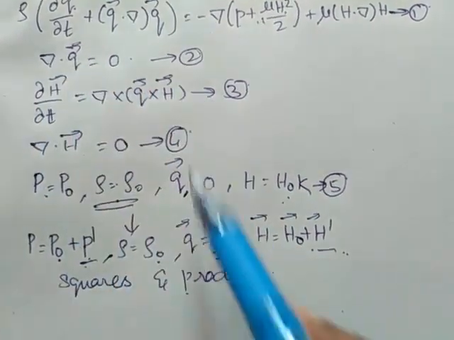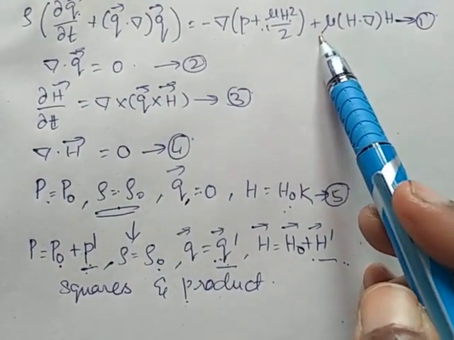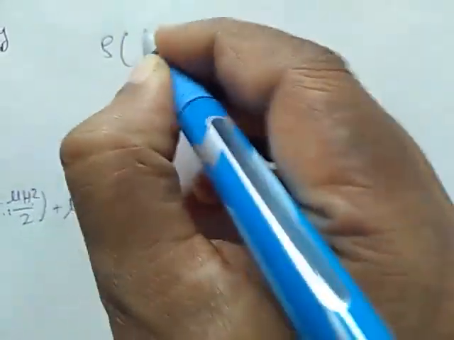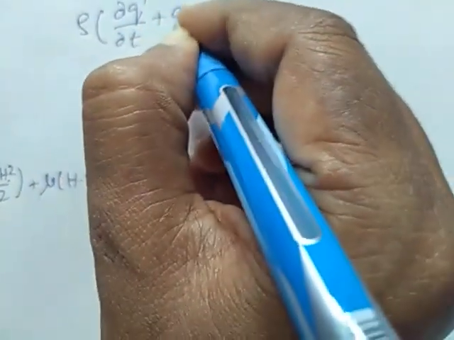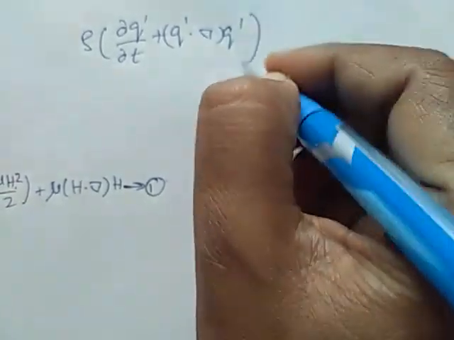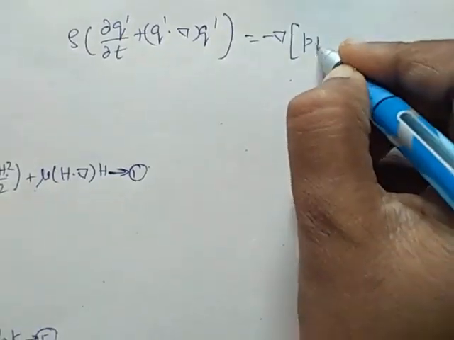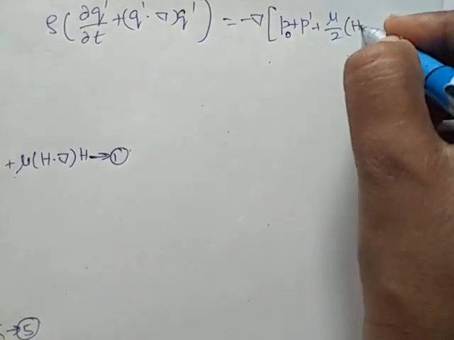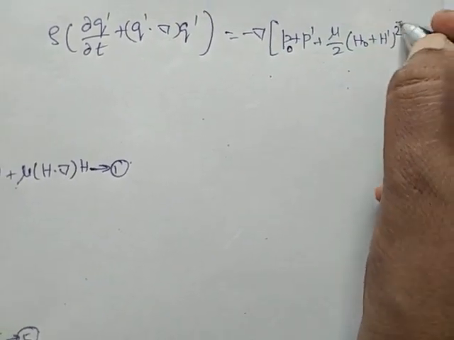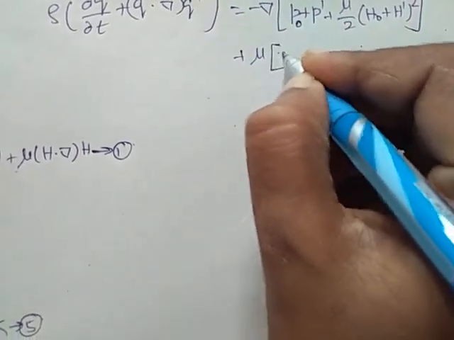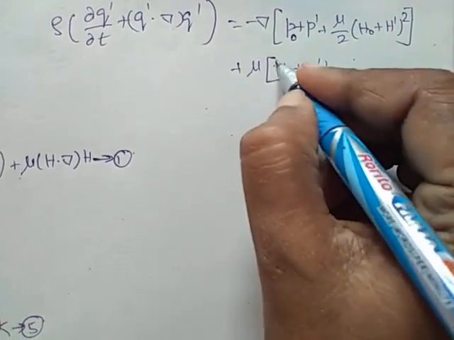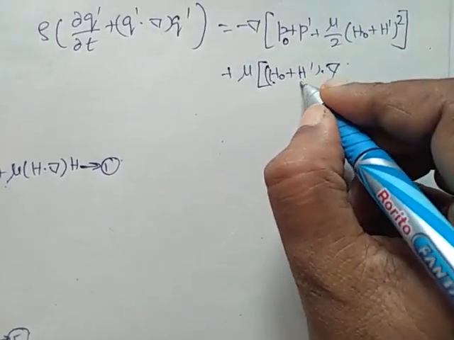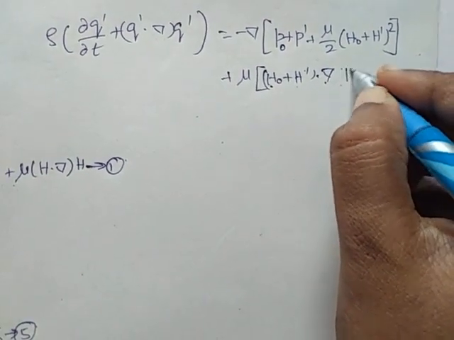When we substitute these values, our momentum equation becomes rho into dou Q dash by dou t plus Q dash dot del Q dash is equal to minus del of P naught plus P dash plus mu by 2 times H naught plus H dash whole square, plus mu times H naught plus H dash dot del of H naught plus H dash.